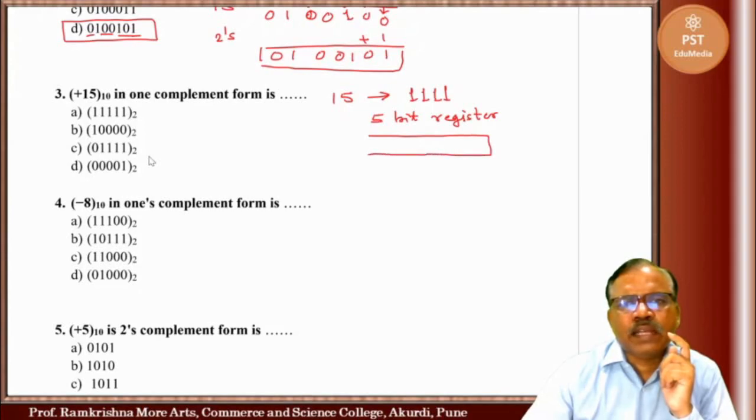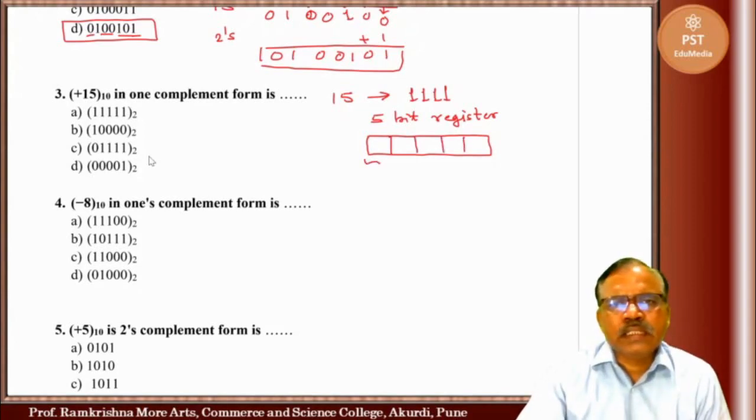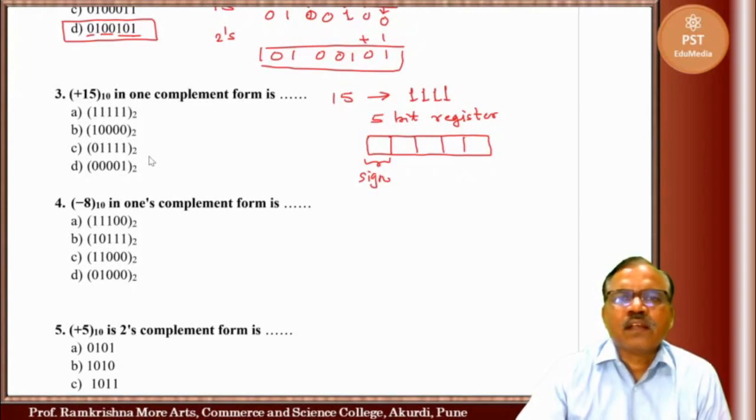So here we will take 1, 2, 3, 4 and 5. Now this bit is used for sign, and here we have the LSB and here the MSB.